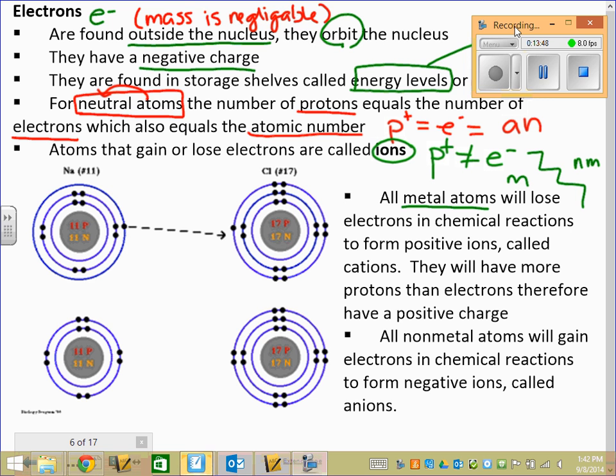In chemical reactions, they will lose electrons. And the result will be positive ions. And the vocabulary word for a positive ion is a cation.